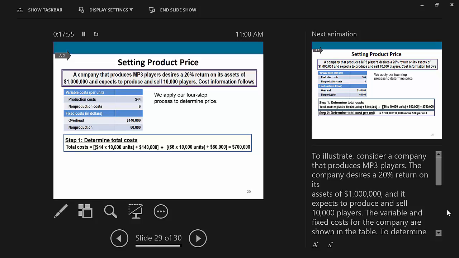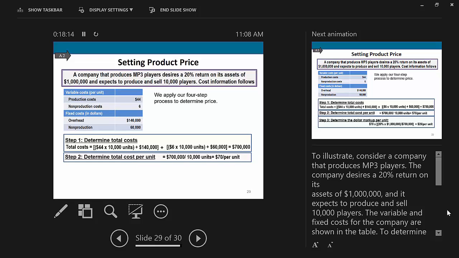And so we determine that the total cost of these units that we're going to produce, looking at both variable and fixed, is $700,000, okay? If we're going to produce 10,000 MP3 players, so 700,000 divided by 10,000 is $70 per unit. That's our cost, isn't it? And we got both the variable and the fixed in there.